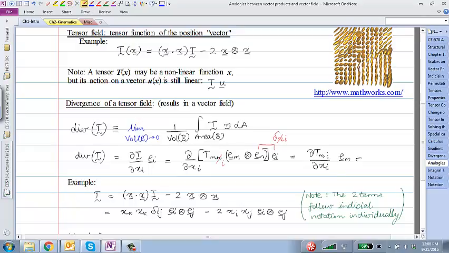So this is equal to T_mi comma i e_m. So when you see things like T_mi comma i, that comma just means that I'm taking the partial derivative with respect to xi. Okay. Sorry, e_m, not e_i.